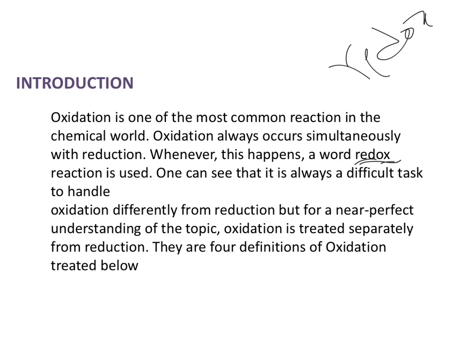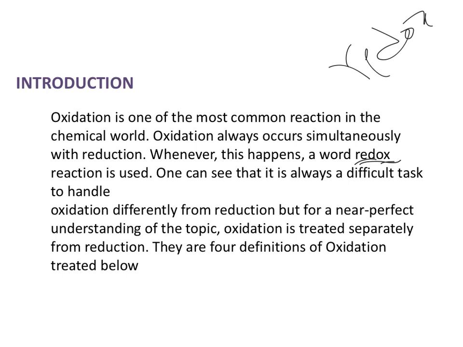One can see that it is always a difficult task to handle oxidation differently from reduction. But for a near perfect understanding of the topic, oxidation is treated separately from reduction. Because these two reactions occur simultaneously, when you have two reacting species, one will be undergoing oxidation and the other will be undergoing reduction.